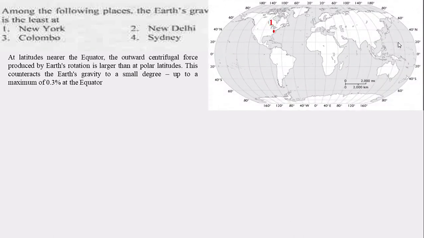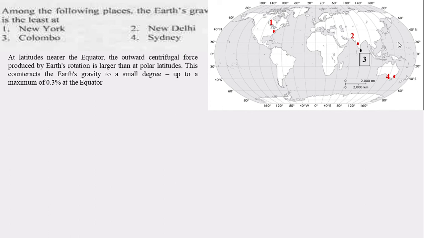And if you see the world map, you can see New York is around 40 degrees north latitude. New Delhi, in India, is somewhere near 20 degrees north latitude, Colombo is somewhere near 0 to 10 degrees north latitude, and Sydney is 40 degrees south latitude.